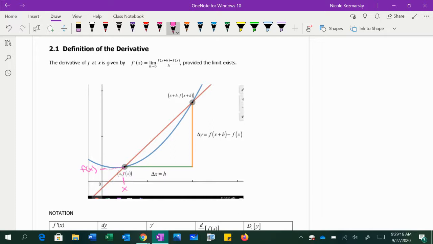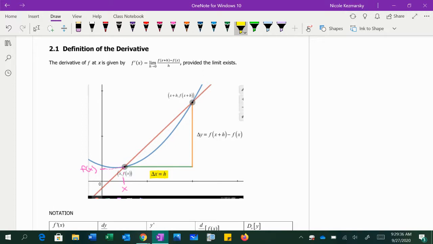Then what I'm going to do is I'm going to pick a second point on that quadratic, because the easiest way to find a slope is to use 2 points. That way you can do rise over run. To find that second point, I'm going to go a distance, and I'm going to call it delta x. So this right here is delta x.